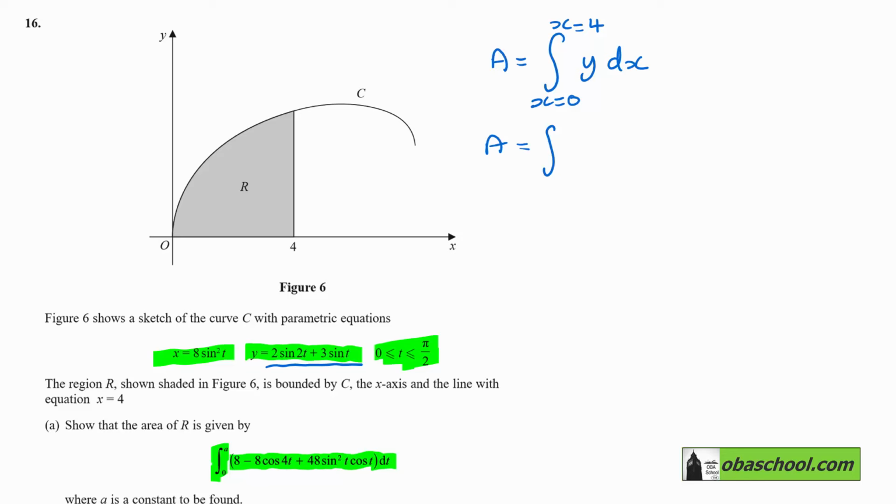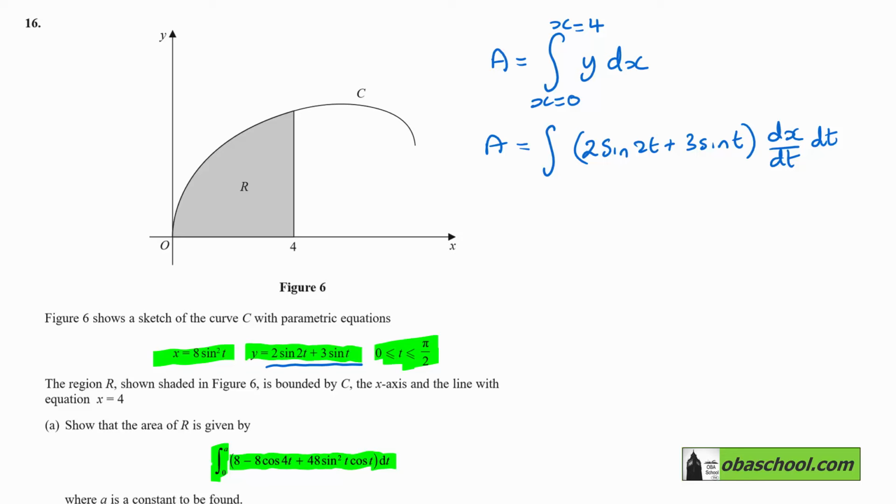So we have 2 sine 2t plus 3 sine t. And then dx can be replaced by dx/dt dt.